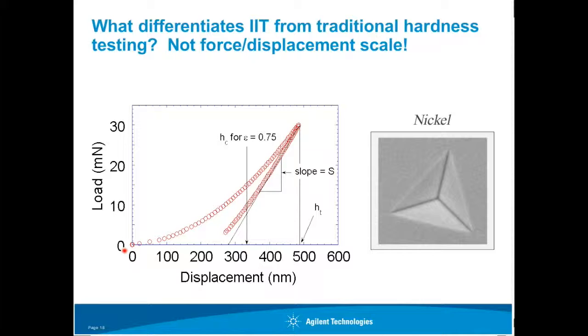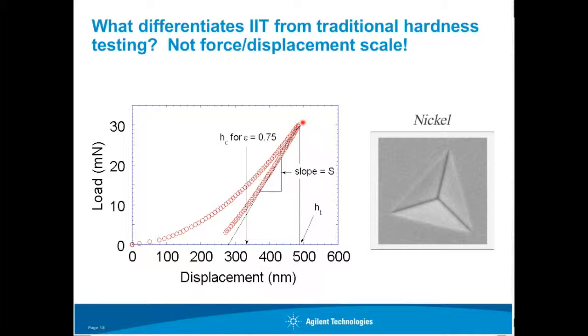In a Vickers hardness test, you apply a force and then you take the sample to a microscope and, by measuring the length of the diagonals, you calculate the contact area, and the force divided by the area is the Vickers hardness.